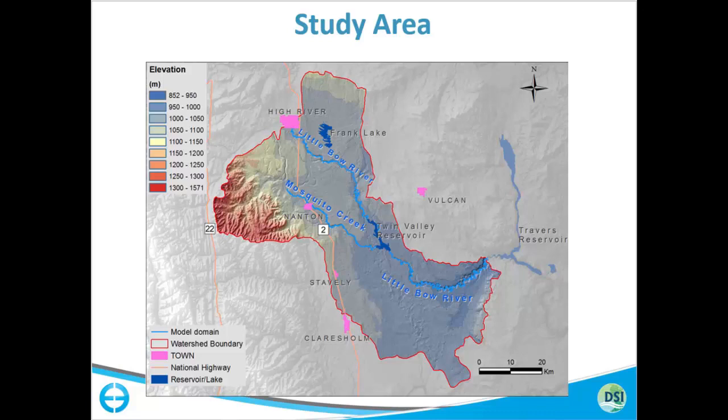So this is the study area, and our study domain will start from here to the downstream over here. Essentially it has the Little Bow River on the upstream. Then this is an area which has a reservoir, Twin Valley Reservoir, and it's really deep compared to these areas.